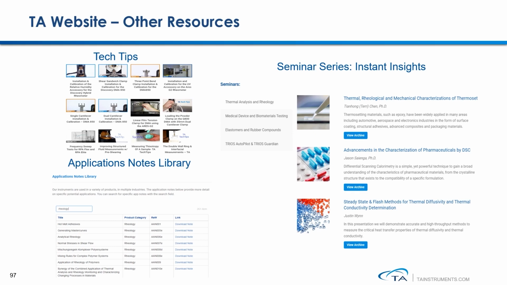Also, in the applications note library, by searching a keyword, you should be able to find a lot of useful short papers on specific subjects. For example, if you type in rheology, you should be able to find hundreds of applications papers talking about rheological analysis on different kinds of material. Also, from our website, you can find a series of different seminars on different topics.